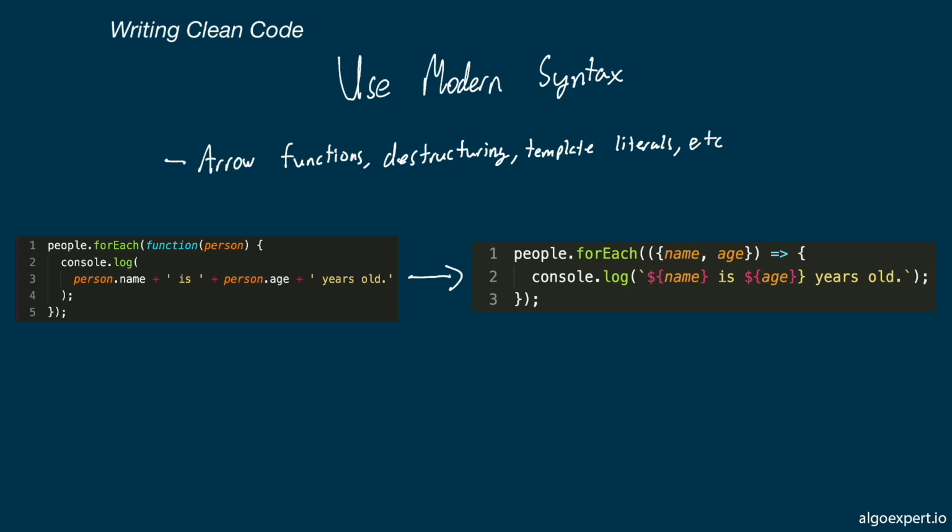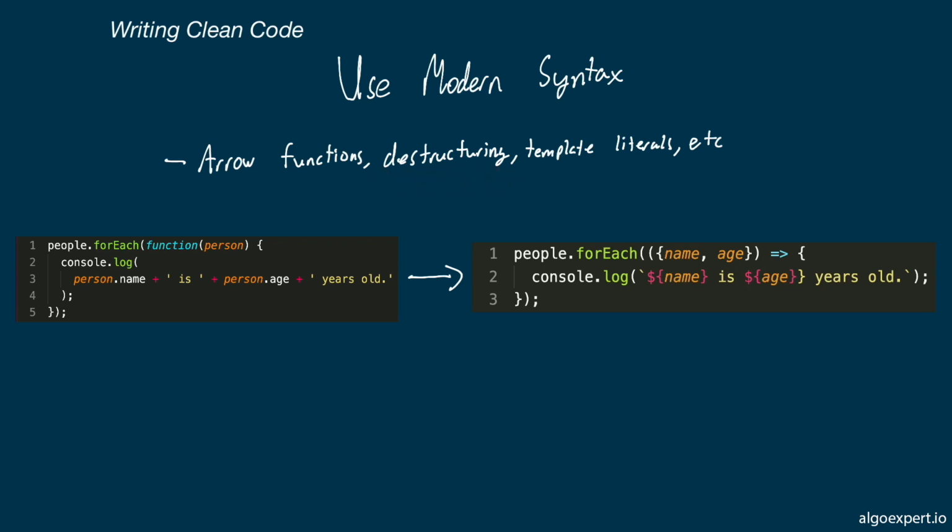A few of the more important pieces of this modern syntax to focus on will first of all be arrow functions. Now, of course, you can't use arrow functions everywhere, and I wouldn't recommend that, but you should be using arrow functions for small inline functions that don't rely on creating a new this context. Additionally, you should be using destructuring syntax.